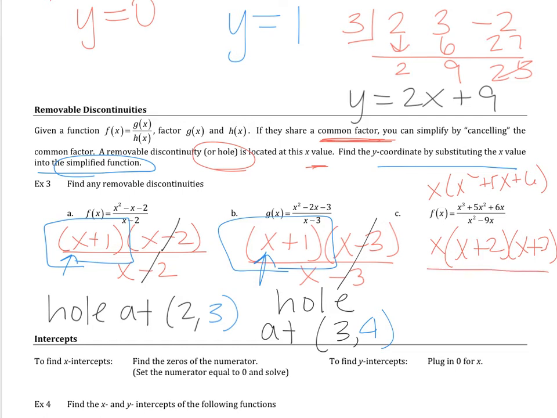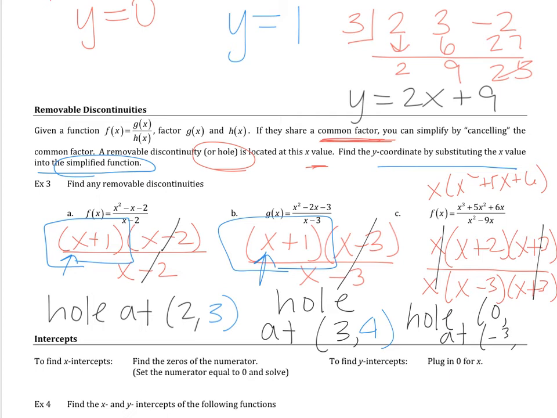And my denominator, I can factor an x out, and then I'm left with x squared minus 9, my difference of squares: x minus 3 times x plus 3. So for this one, I actually have two holes. I've got x over x and x plus 3 over x plus 3. So I'm going to have a hole at 0, comma something, and at negative 3, comma something.